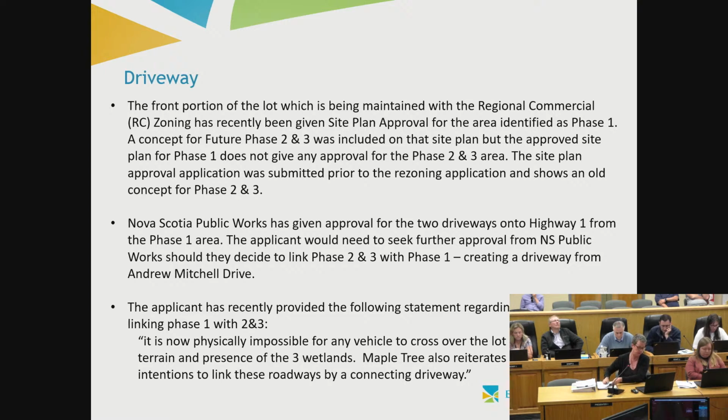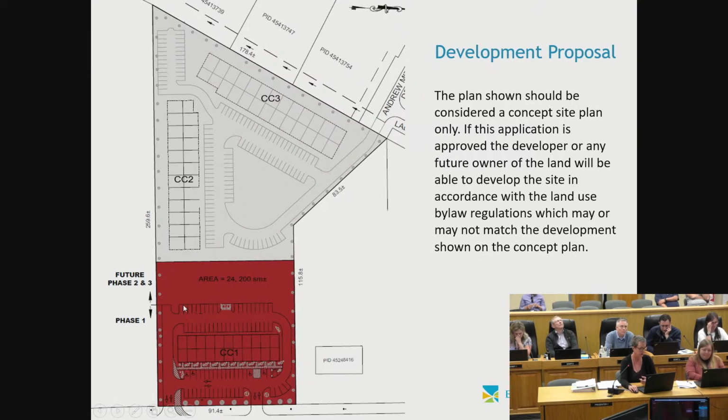And also, since the drafting of this presentation, a note's been added to the site plan approval plan, saying that the driveway for the site plan approval area will not be constructed all the way to the western edge of Phase 1 and will be reduced in length by 3 meters from what is identified on the approved site plan. And that's being initialed by both the development officer and the applicant. What that means is that the driveway doesn't go to the very edge and essentially cuts it back by 3 meters.